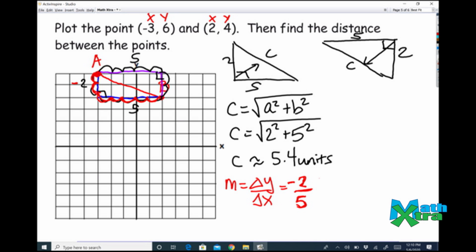Now your question is asking, how can we use the slope, or why can't we use the slope? If we actually look in the Pythagorean theorem right here, we actually see the 2 and the 5 here. So Aryan, we are actually using the slope, but we're not using 2/5 to say that's the length of the segment.